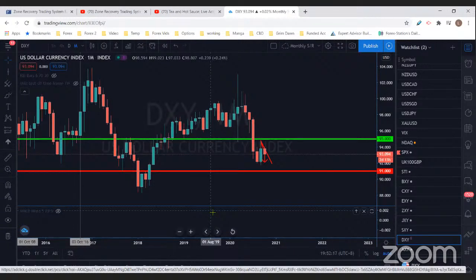Because if we do it on the 4 hour chart, we're just going to see some noise, and it's going to be horrible. But the thing, Lloyd, is that I saw that in October, and the rallies at the end of the year on the US dollar. But what do you think?